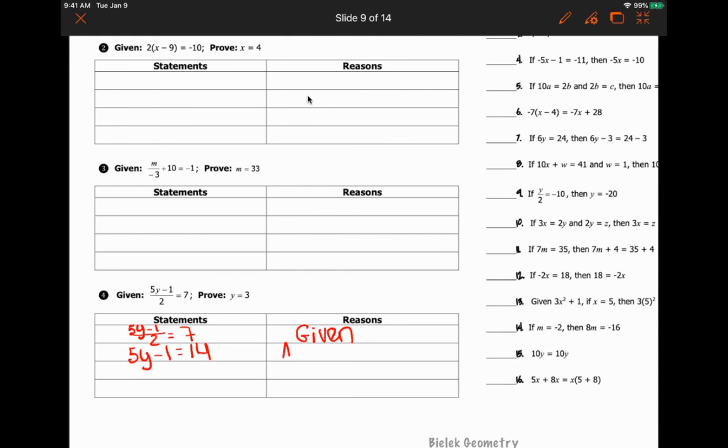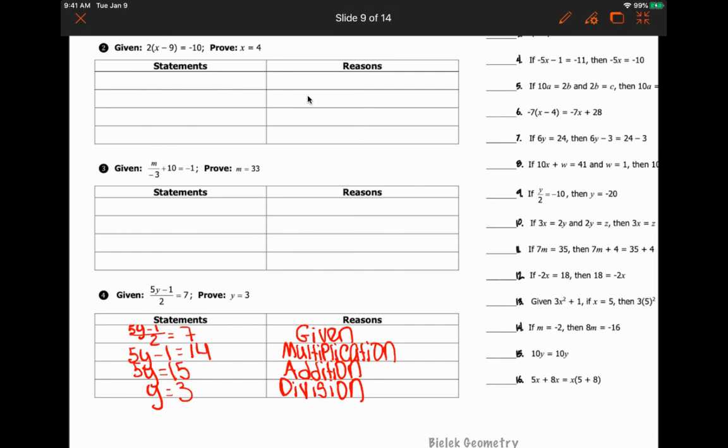That's by multiplication. Then I'd add 1, so 5y equals 15. Addition. Then I would divide by 5, so y is equal to 3. Division.